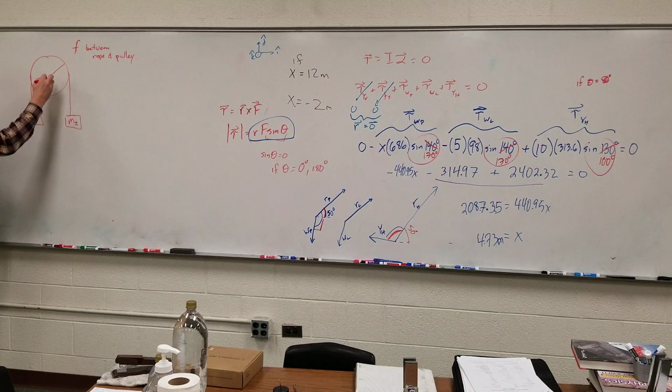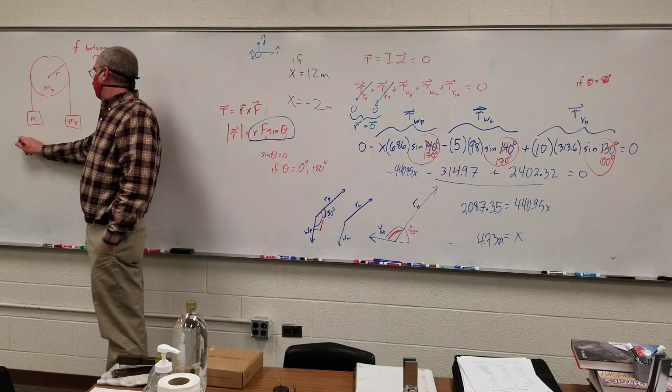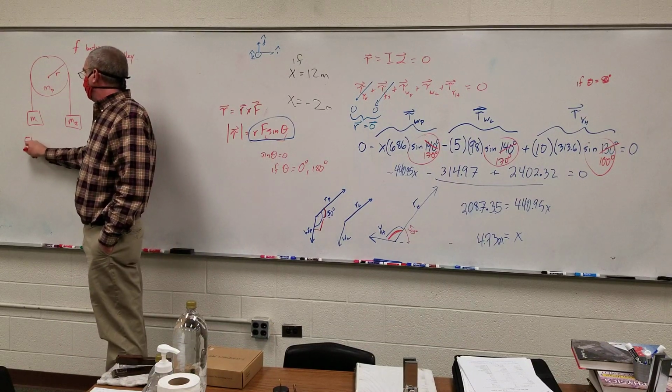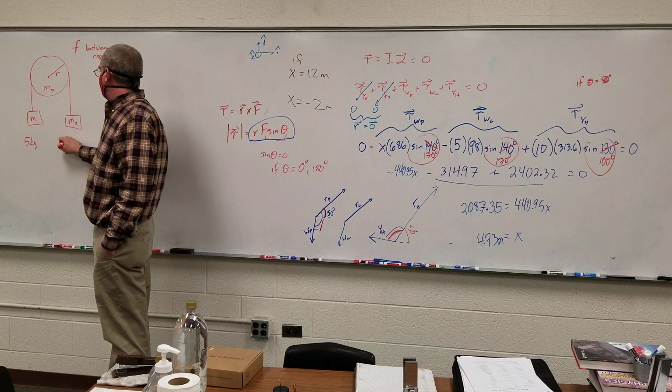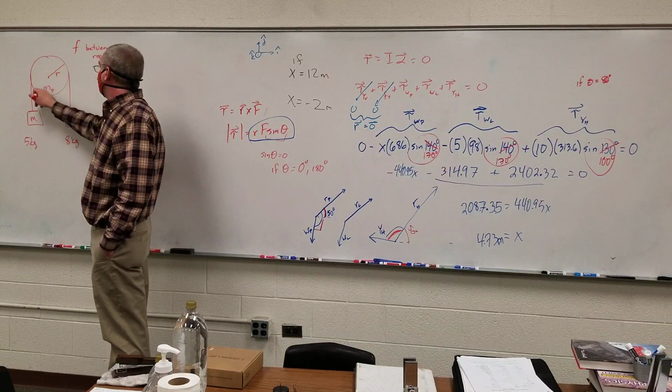The pulley has mass to it, so we now care about that. So let's make this some radius and some mass, some P for pulley. Let's make this 5 kilograms. Make this 8 kilograms.